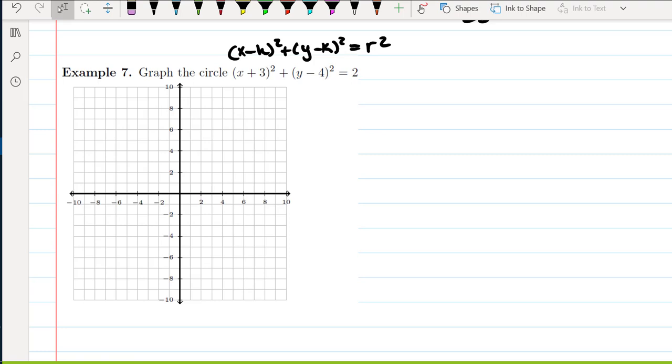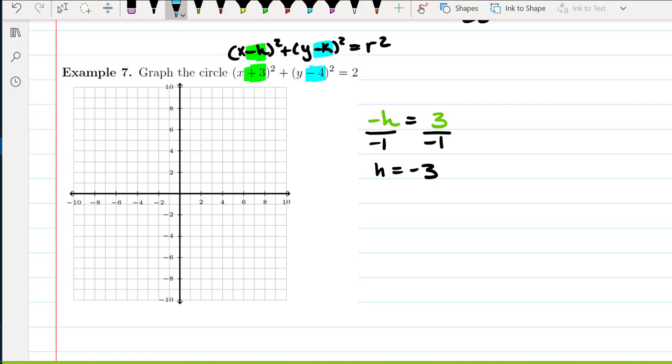We have to be a little bit careful, because we notice in our formula we have minus signs. What this tells me is negative h is the same as positive 3, and negative k is the same as negative 4. So if negative h is equal to positive 3, when I solve for h, I divide both sides by negative 1, which gives me h is equal to negative 3.